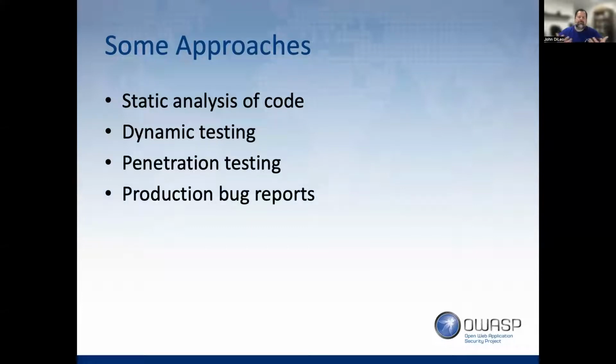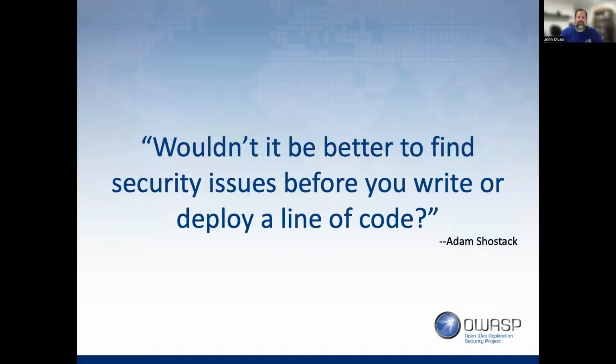We could just rely on users reporting problems. Or maybe we could wait until there's an incident, and as part of the incident response say, oh, maybe we should fix those things. But as Adam Shostack says, wouldn't it be better if you found those issues before they ever appeared in code? And that leads us to thinking about threats ahead of construction.